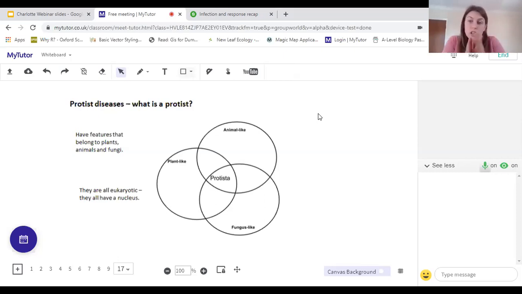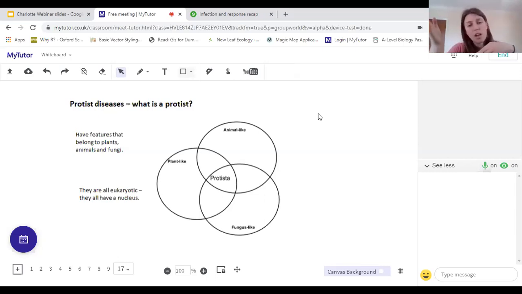So they're definitely eukaryotic. We can split them off from that part of the evolutionary tree. But otherwise, it's very difficult to classify them. When I was preparing this lesson, it was very difficult for me to find a good diagram of them because they all look very different. Some of them have fungus-like features, so having that type of cell wall that fungi have. Similarly, plants also have a cell wall.